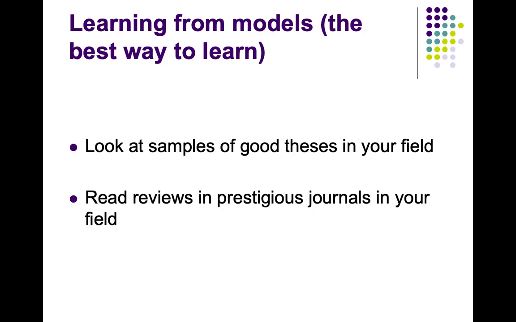So you should be able to read, and if you read the top 5% and compare it with the Q4 or Q3 journals, then you should be able to differentiate the quality of writing and the quality of reviewing between a prestigious journal and a lower quality journal. So you should be able to learn from how the authors of good journals write compared to the lower quality journals.